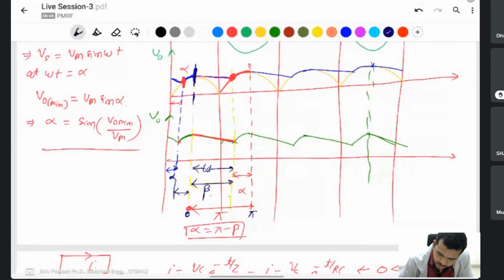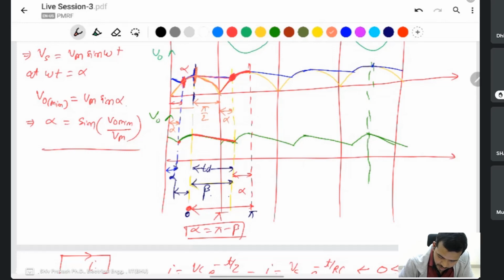if you observe this one, this is a pi by 2 angle, because this one is pi and half of it is the maximum, so this is pi by 2 here and pi by 2 here, and this angle is the same alpha. Then you can say this one is also alpha.